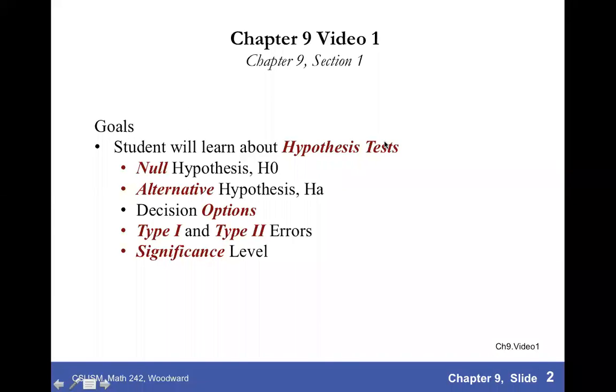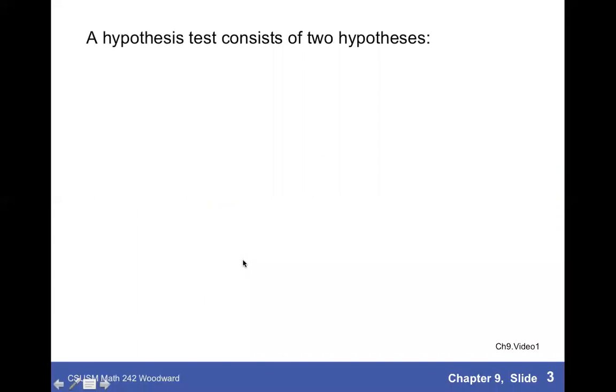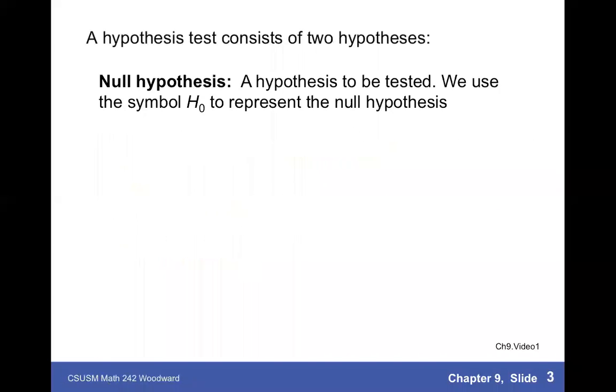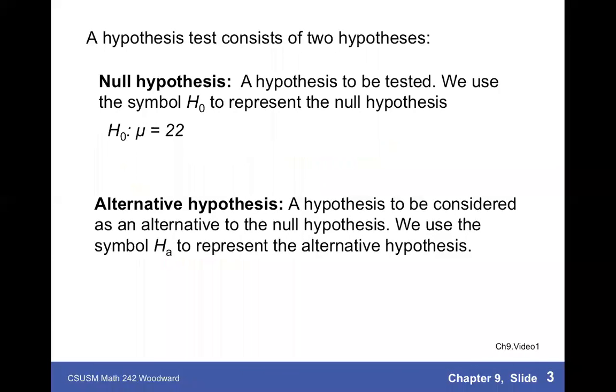Students are going to learn about hypothesis testing, the null hypothesis H0, the alternative, decision options, type 1 and type 2 error, and significance levels. So we did this. A hypothesis test consists of two hypotheses, the null hypothesis, and in this case, I'm doing H0: mu is 22. And the alternative hypothesis is when we think there's something else that's true other than what we believe is true.